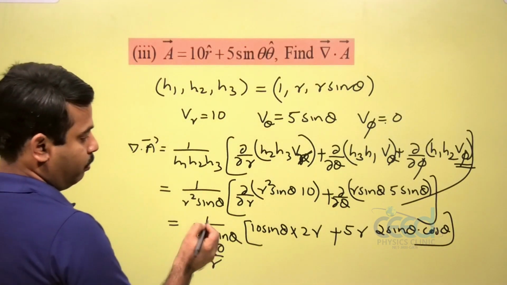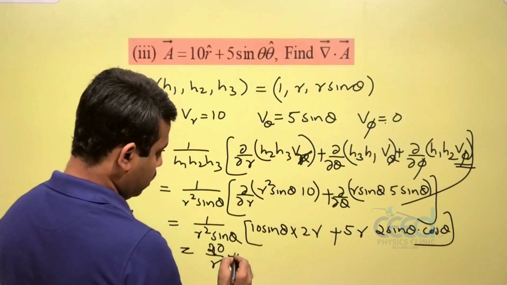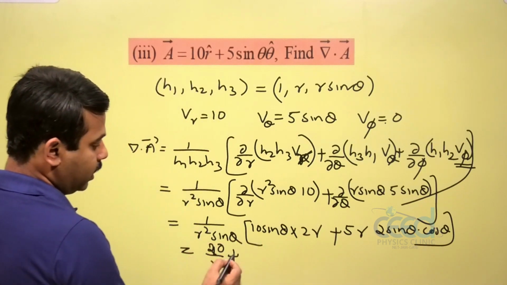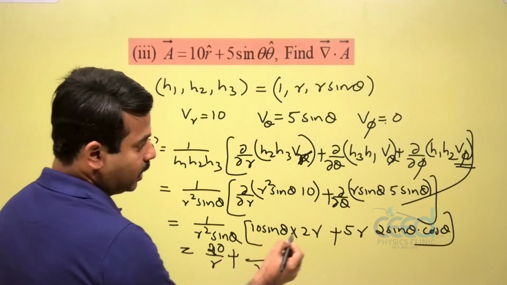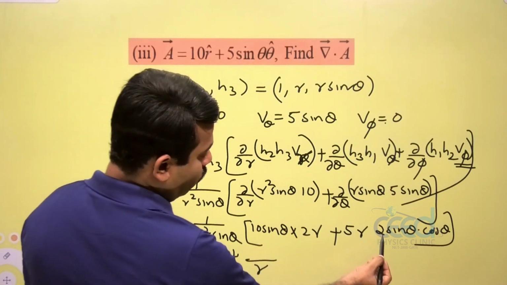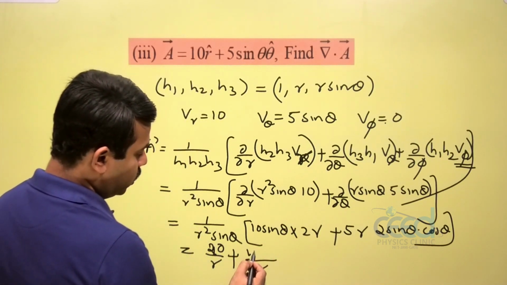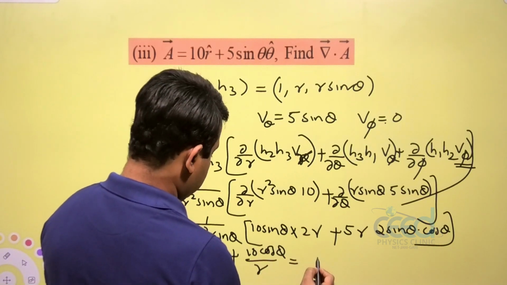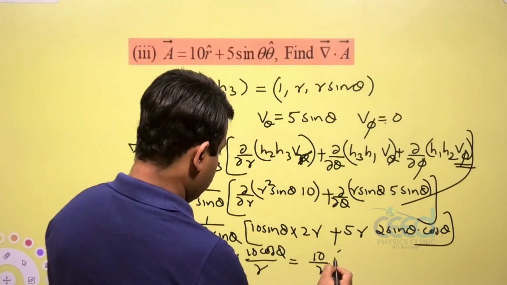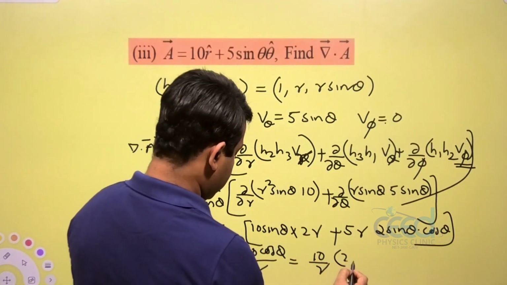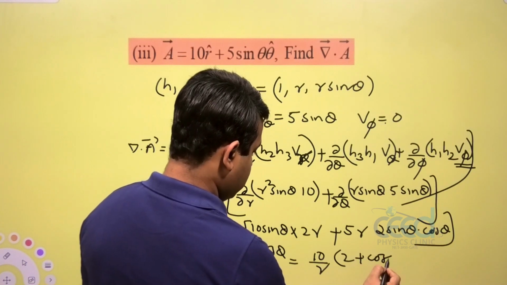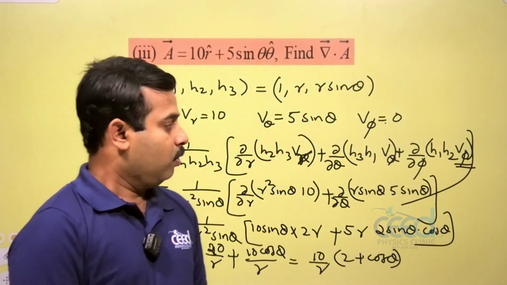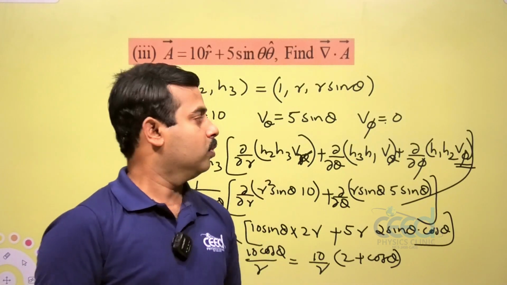Plus, the r cancels, again 1 by r and sin theta cancel, so we have 10 cos theta. We can write this as 10 by r into (2 plus cos theta). So this is the final expression. Now let us go to the next problem.